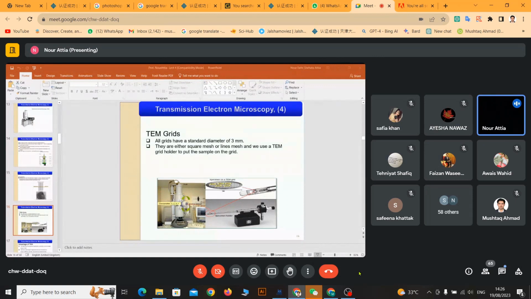There are junk and stupid TEM operators everywhere. They spoil the instrument in 1 or 2 months because they didn't completely dry the sample. Just once you give them a sample, they put it in the sonication bath, and after 2 minutes, they just take it out and put it on the grid for 1 minute, and then insert it inside the instrument. Then when it is exposed to the beam, the solvent evaporates, and most of the materials have even alkaline or acidic natures.